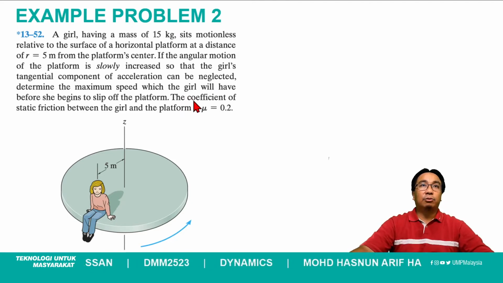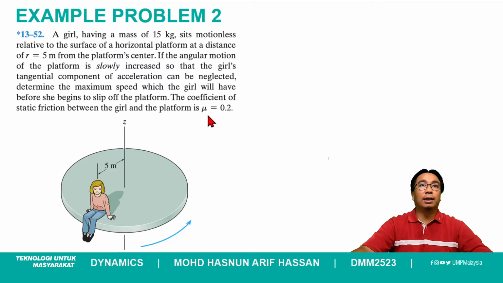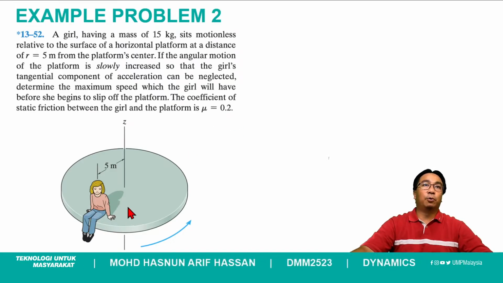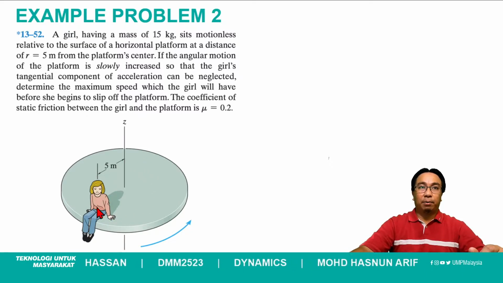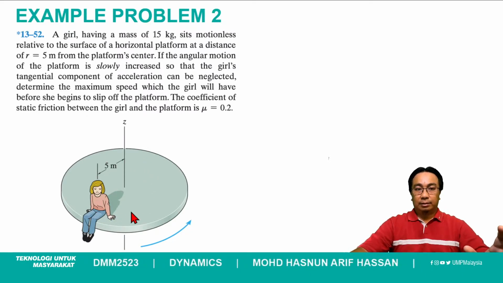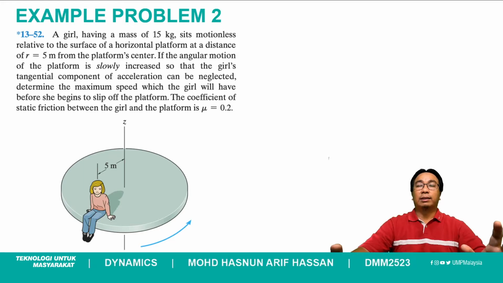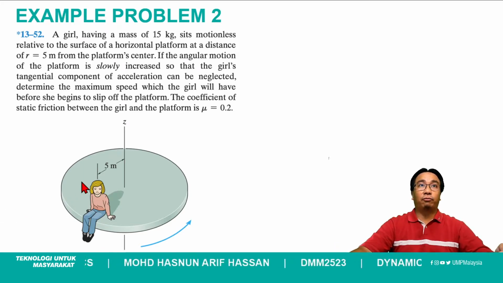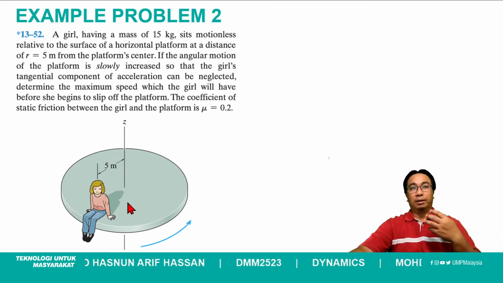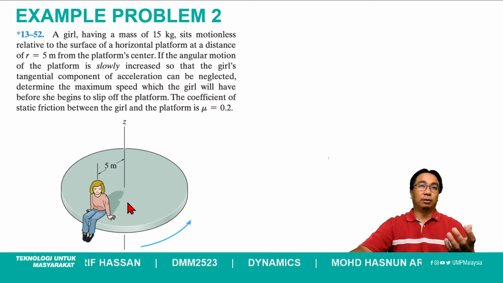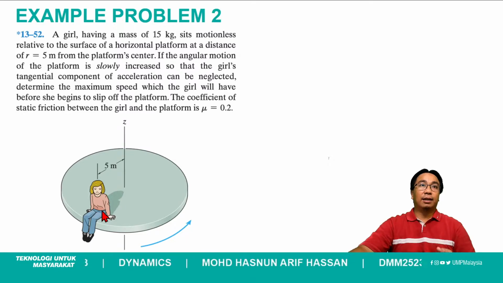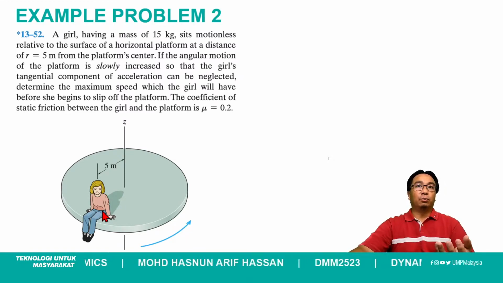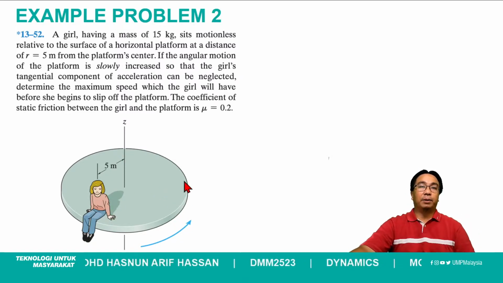And it also tells us the coefficient of static friction between the girl and the platform is 0.2. So there is friction between the girl and the platform to make sure that the girl is not slipping off the platform. But when the velocity becomes big enough to overcome the friction, then the girl will slip off the platform.